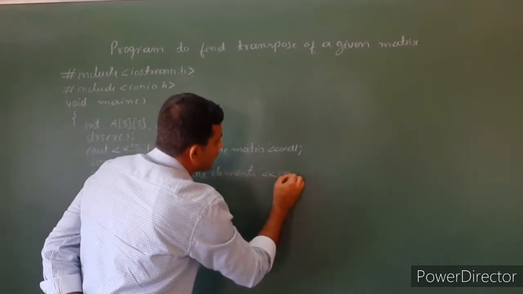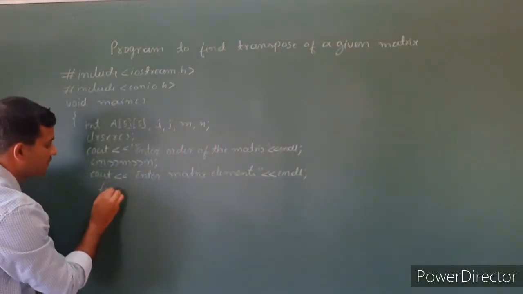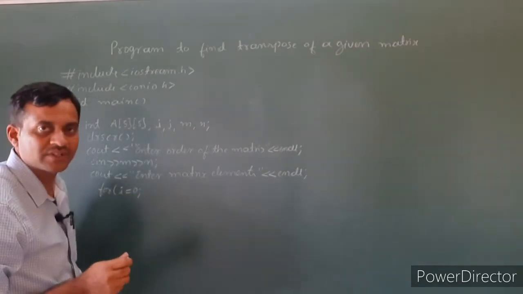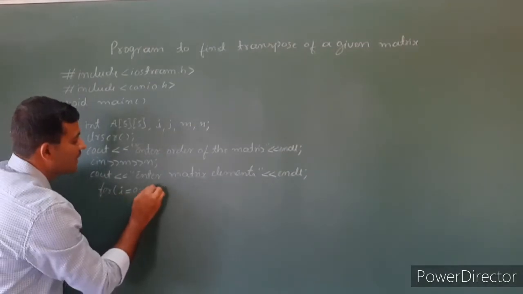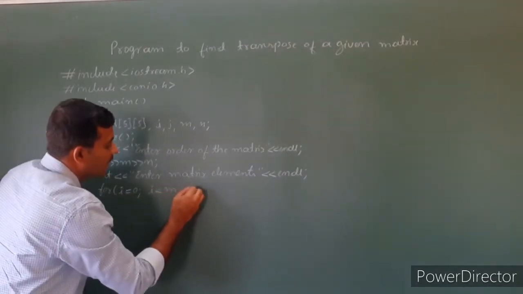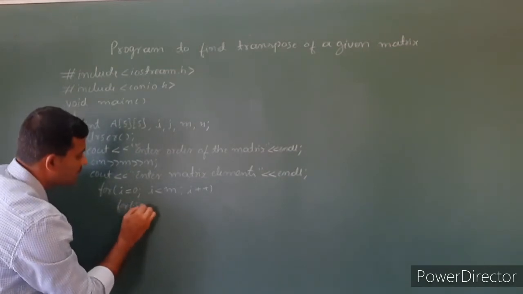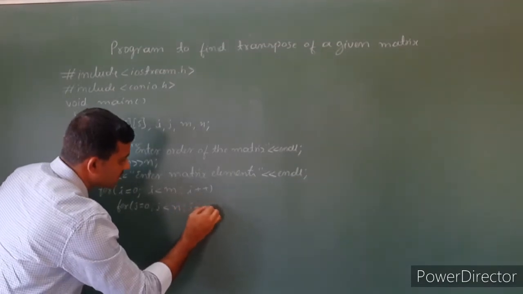To read the matrix elements, we use two for loops. The first one represents the row, the second one represents the column. For i equals 0, i less than m, i plus plus. Under that, for j equals 0, j less than n, j plus plus.